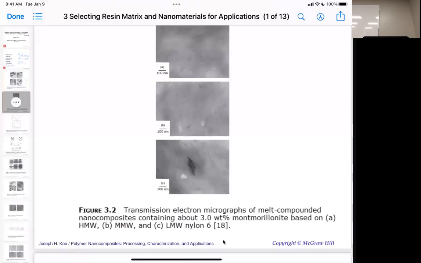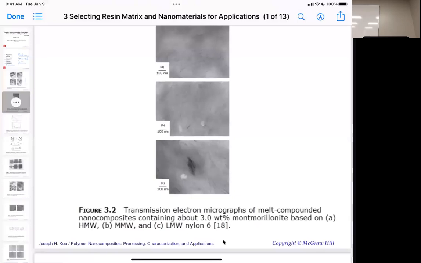The higher molecular weight polymer should have a higher melt viscosity than the medium and low molecular weight. The polymer melt viscosity is controlling the shear. That's why in the top one here, we have very good dispersion. Here we have mostly good dispersion. Here we have tactoids. Our viscosity is decreasing as we're dispersing less and less.